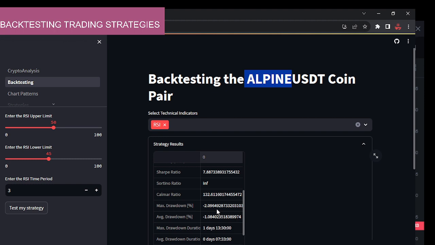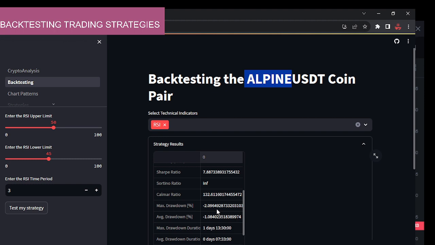Another parameter is the maximum drawdown as a percentage. The maximum drawdown is the largest percentage decline of your asset from the peak to the lowest point. So it's how your strategy is performing with the maximum decline, or the maximum drawdown, which is the lowest point.